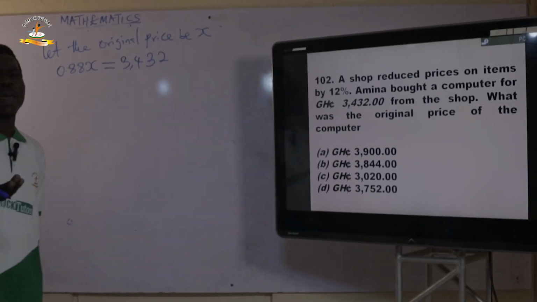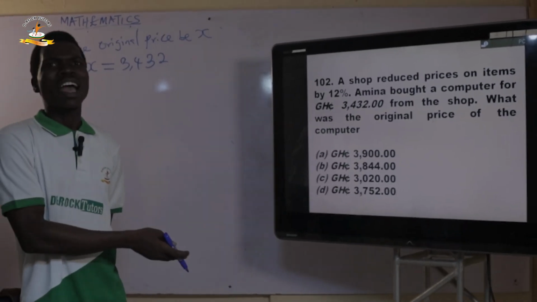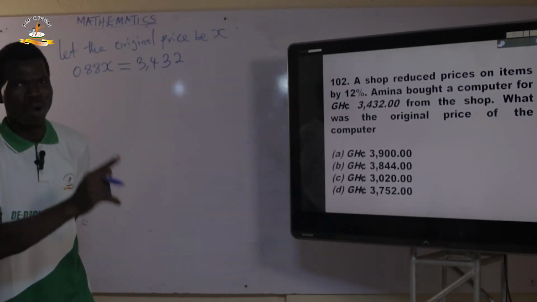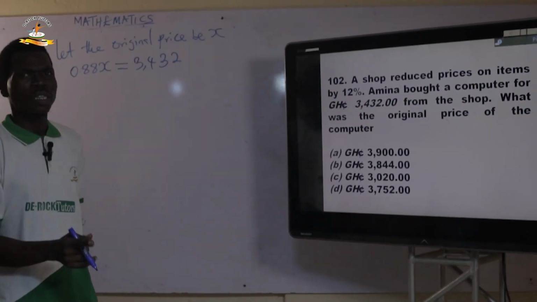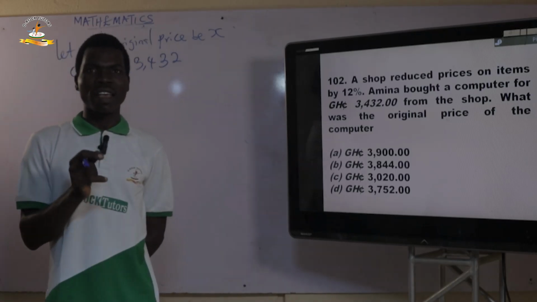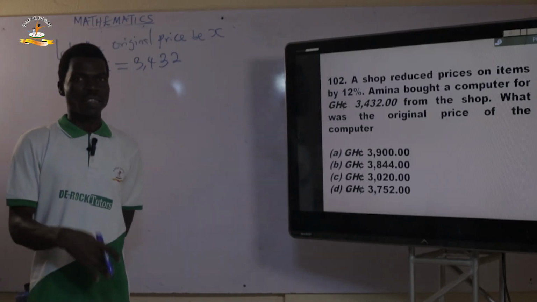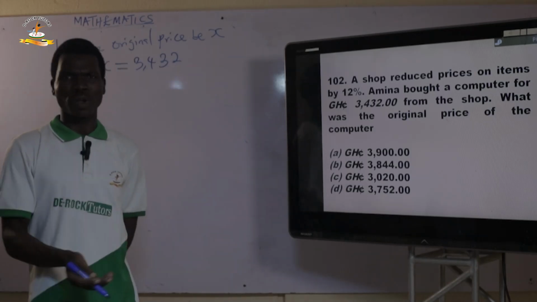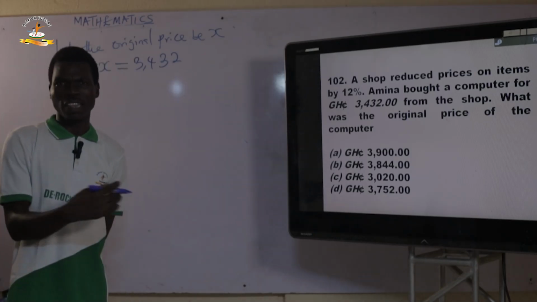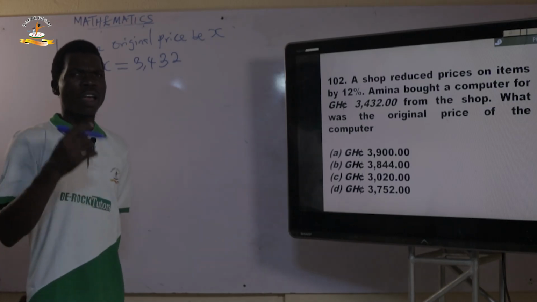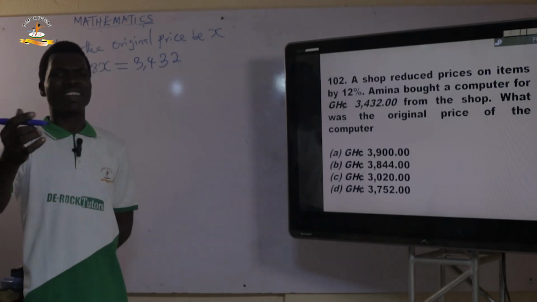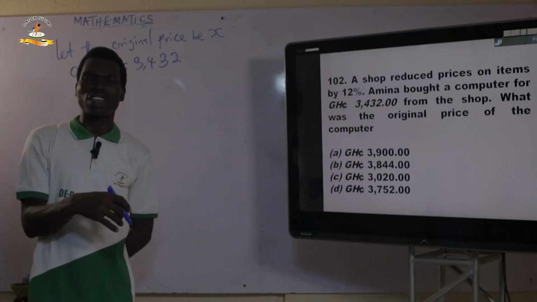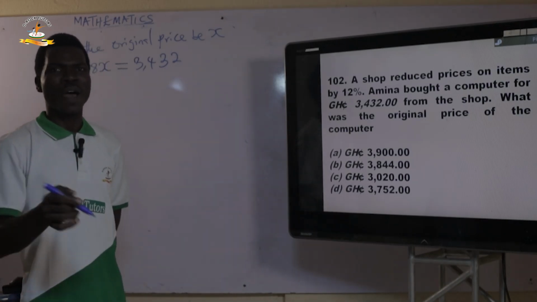I prefer to work with my percentage as a fraction of 1, meaning 100% is 1 and 0% is 0. 10% will be 0.1, 20% 0.2, 30% 0.3, 50% 0.5, 80% 0.8, and so on. So when there is a reduction in percentage, I remove it from 1. When it's an addition, I add it to 1.